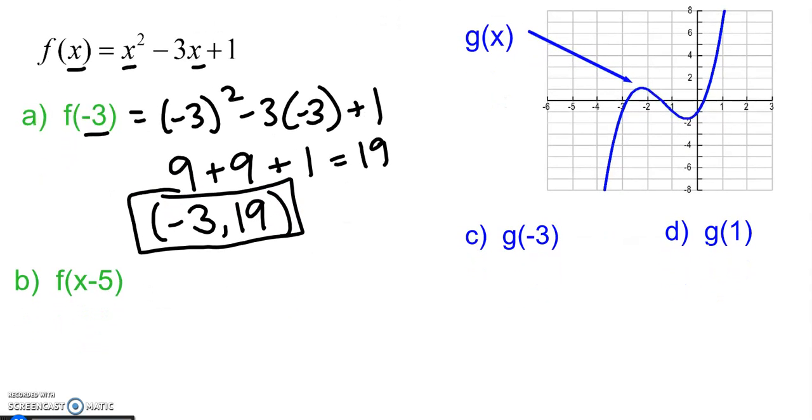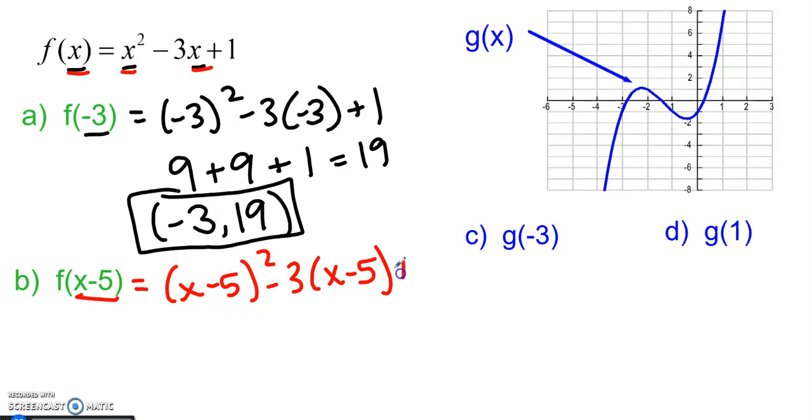F of x minus 5 means everywhere I see an x, I want to replace it with x minus 5. So I'm going to square this, x squared minus 10x plus 25. And I'm going to distribute this guy.